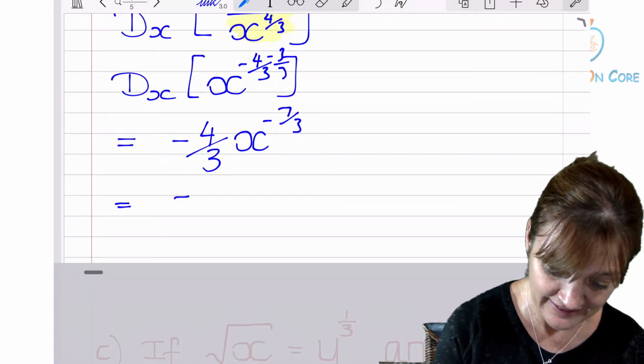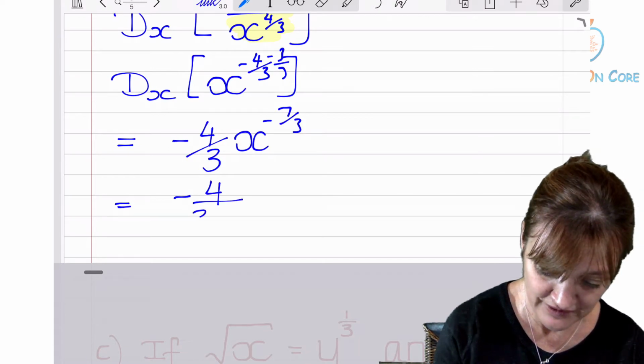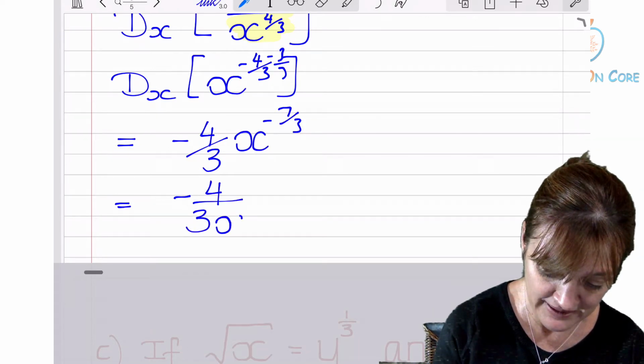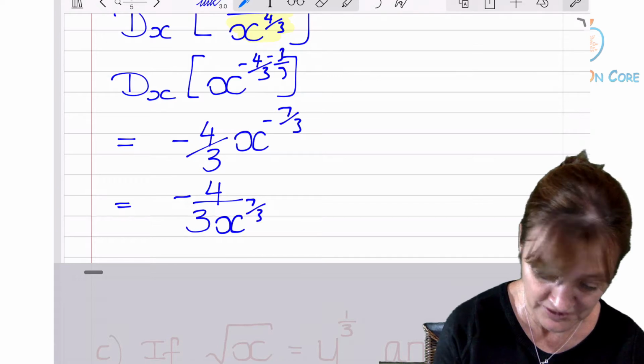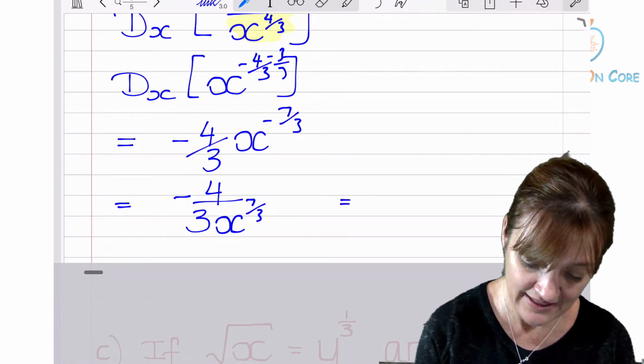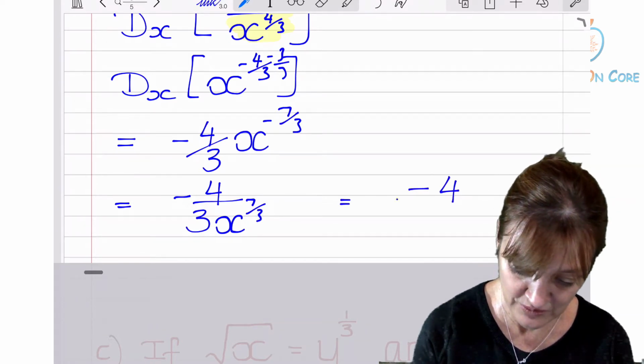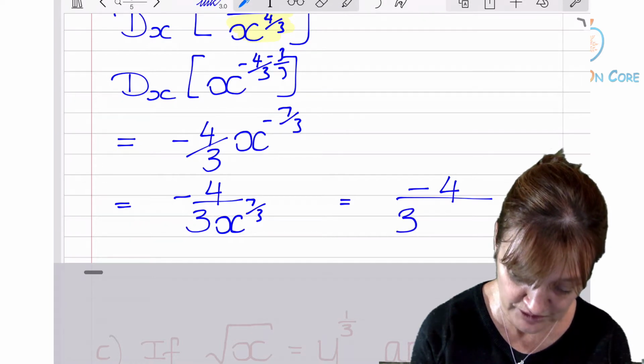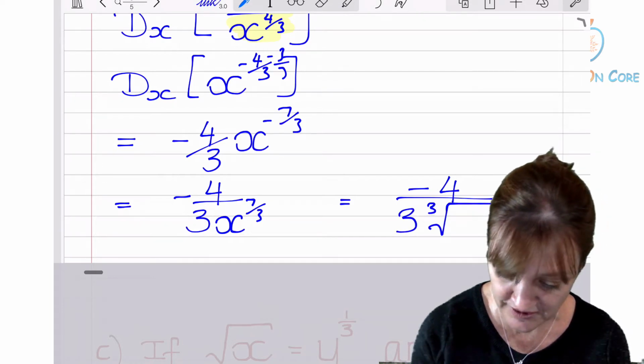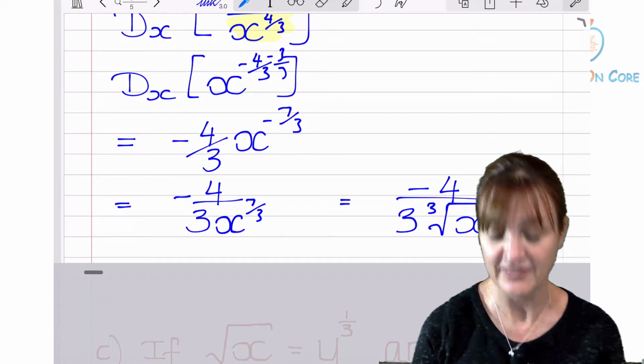That negative exponent is coming back down to the bottom because we want it to be positive. And the last thing we can do is write it back in surd form, which means it's the cube root of x to the 7.